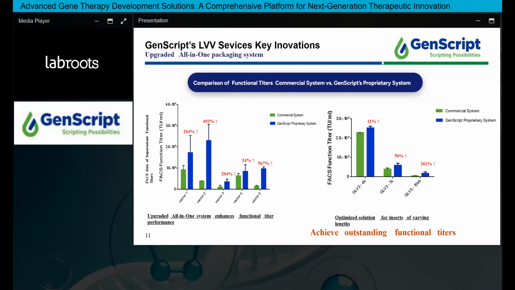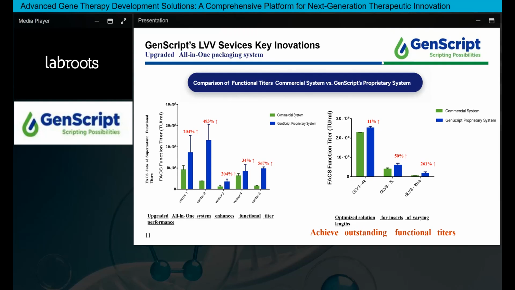Let's put some numbers on it. Vector 1 has more than double the titer, vector 2 a 493% increase, nearly fivefold higher, and for vector 5, an extraordinary 567% improvement. This performance is especially critical when working with a large gene of interest.